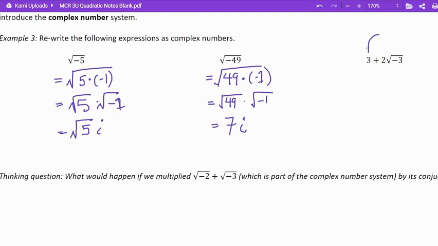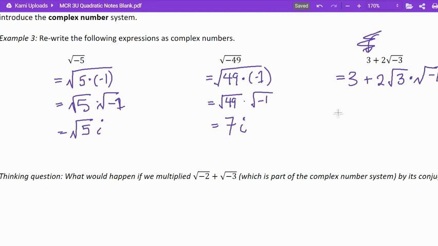Lastly, here we have a real number added to a complex number, to an imaginary number. So we don't change the 3, but we break up the root of -3 into root 3 times root -1.